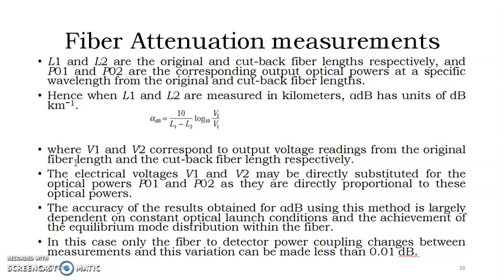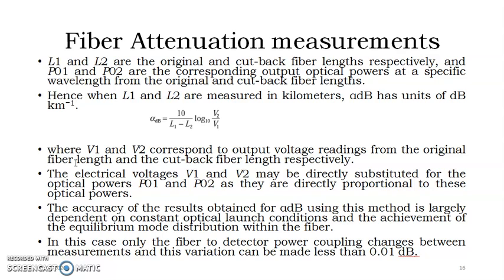Now the accuracy of the attenuation depends upon the constancy of the optical launch condition. Optical launch condition means what? It means how the source is used and how we propagate the light through the given particular fiber.